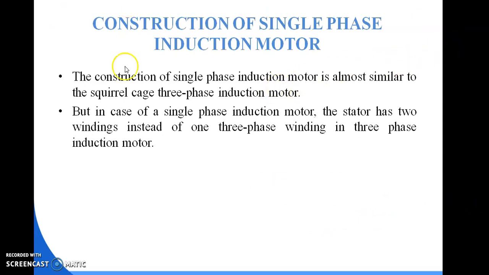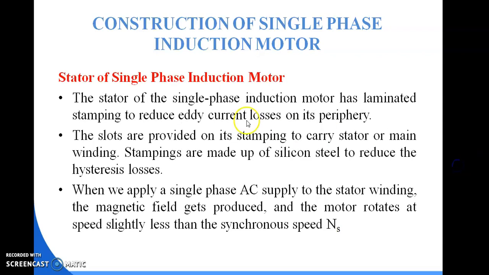Now, going to the construction again, the construction of a single phase induction motor is almost similar to the squirrel cage three-phase induction motor. But in the case of a single phase induction motor, the stator has two windings instead of the three-phase winding in a three-phase induction motor.